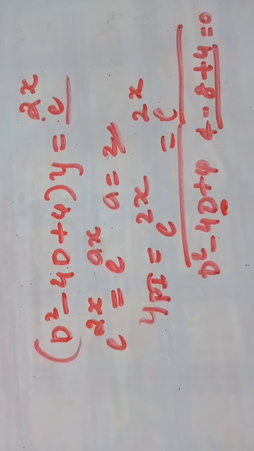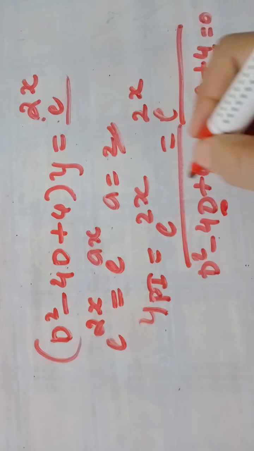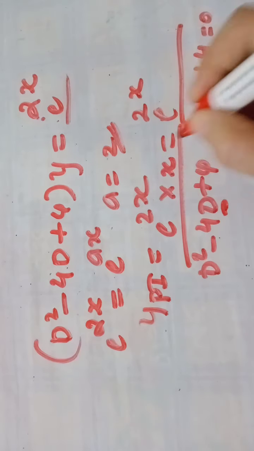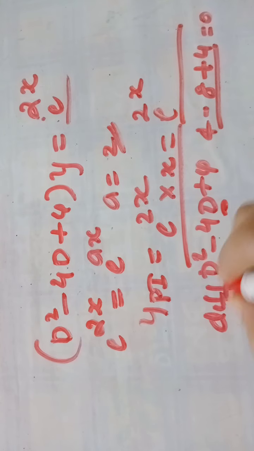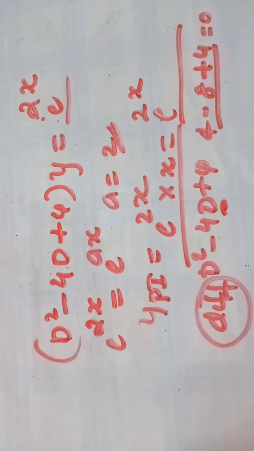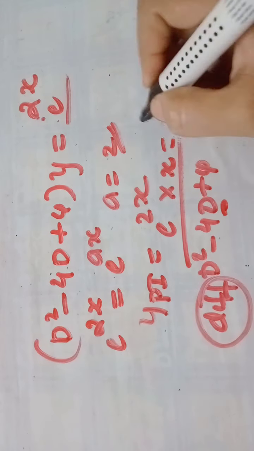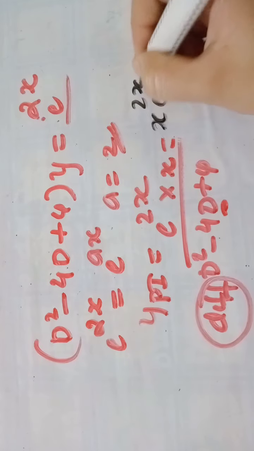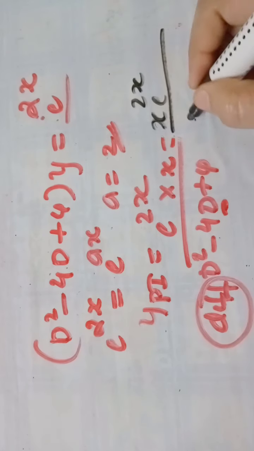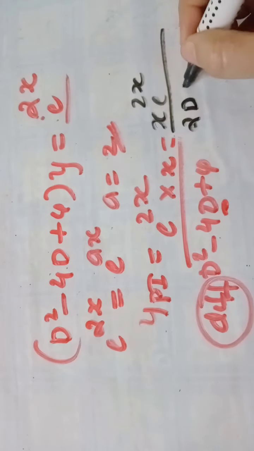So the denominator is 0, which means we have to multiply the numerator with x and differentiate the denominator. For that we get the answer as x e raised to 2x divided by the derivative, 2D minus 4.